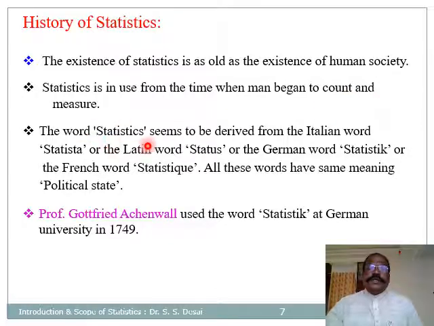The word statistics seems to be derived from the Italian word statista, or the Latin word status, or the German word statistik, or the French word statistique. All these words have same meaning: political state. Professor Gottfried Achenwall used the word statistic at German University in 1749.